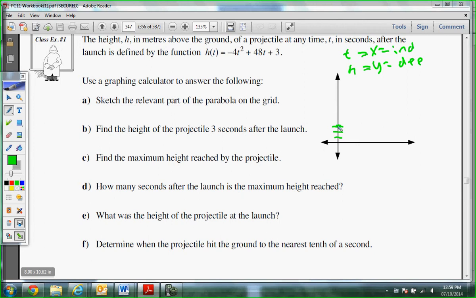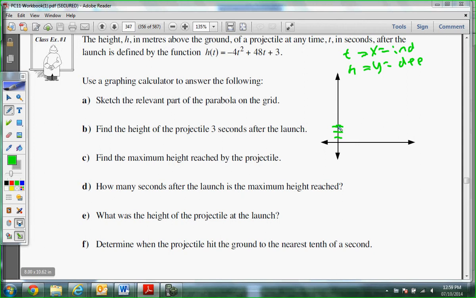It's a straight line. You might be zoomed in too much. Yeah. What's your window? You have to change your window to this. Okay, so James has a really good window here.